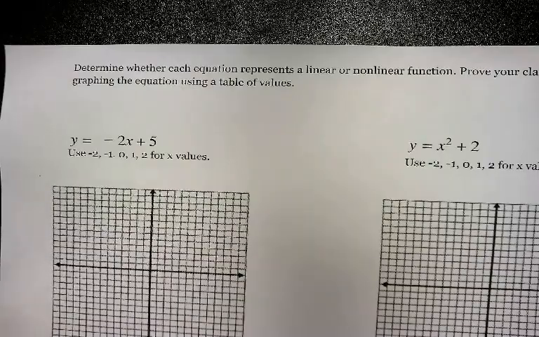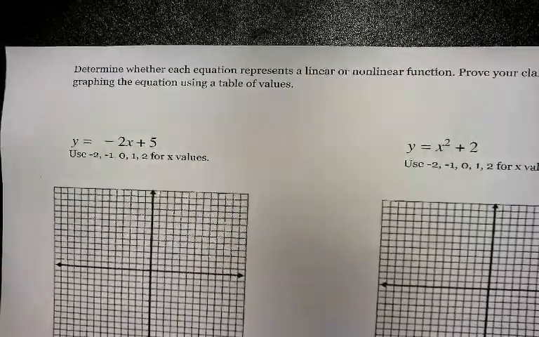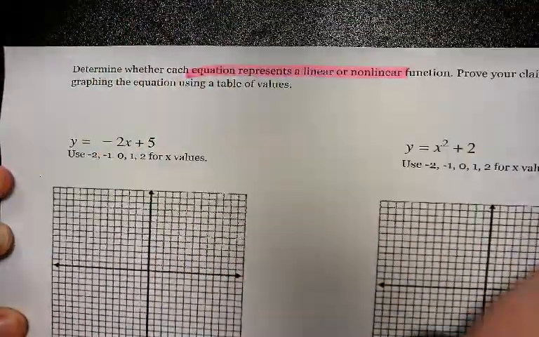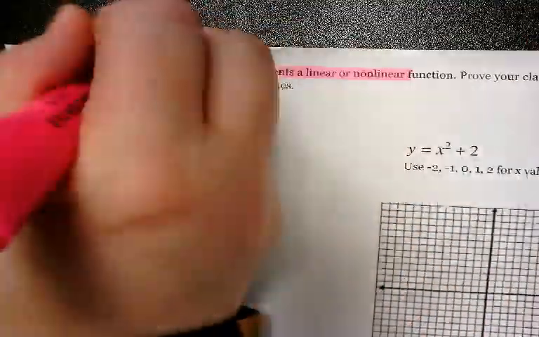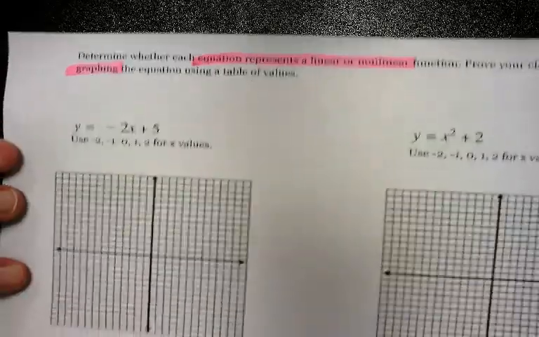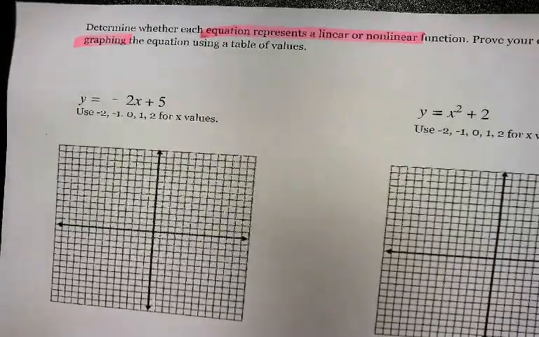Okay, last part of this video is determining whether an equation is linear or nonlinear, but we're proving it by graphing. We may have not done graphing before, so let's figure out how to do this. First of all, let's determine if these equations are linear or non-linear.